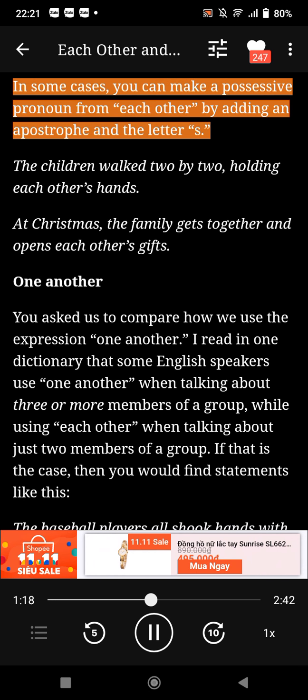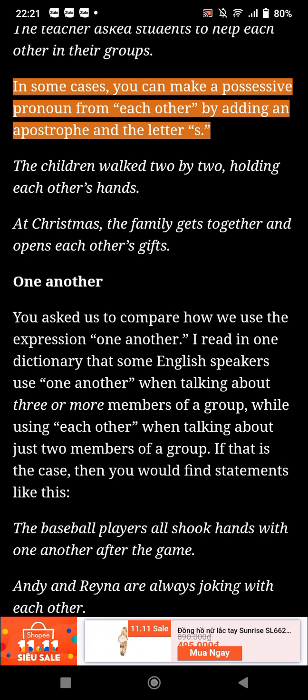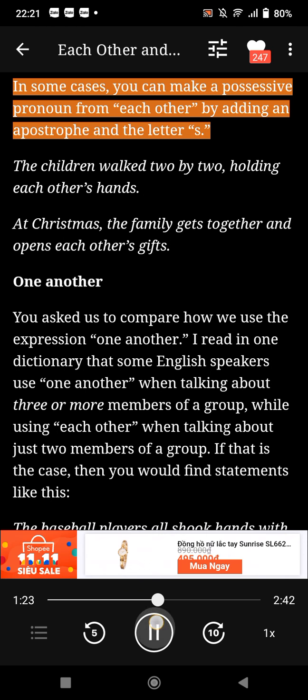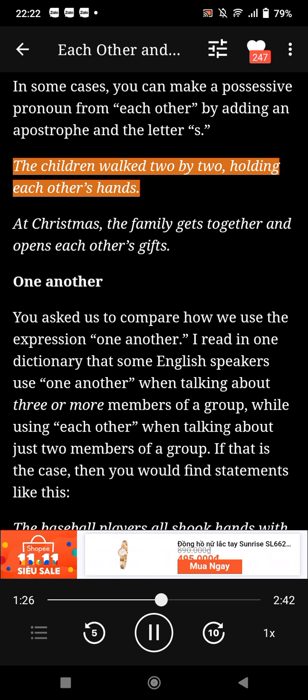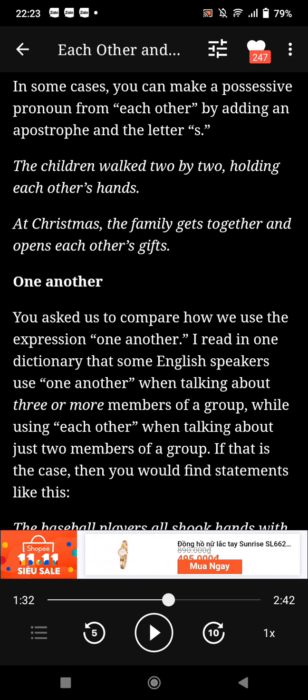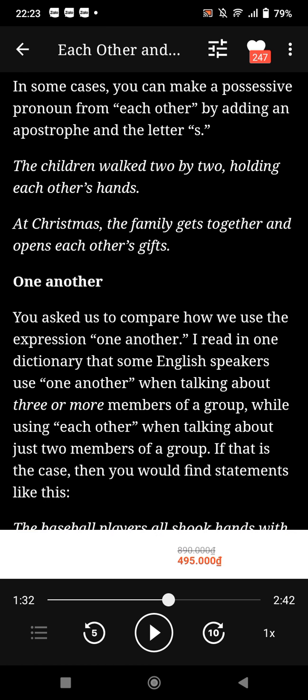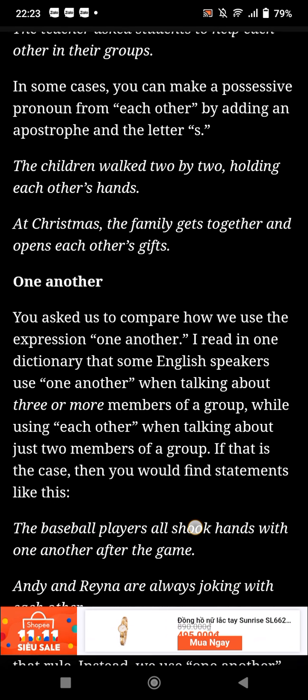In some cases, you can make a possessive pronoun from each other by adding an apostrophe and the letter S. The children walked two by two, holding each other's hands.